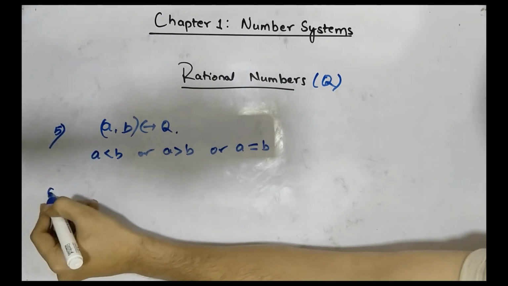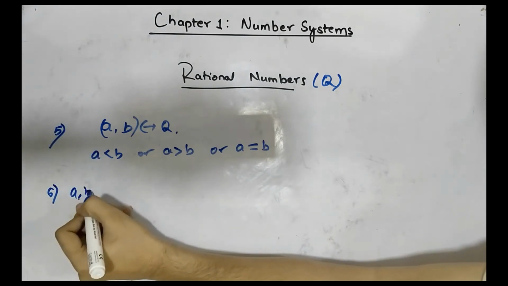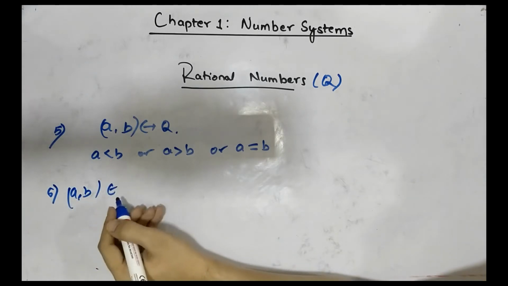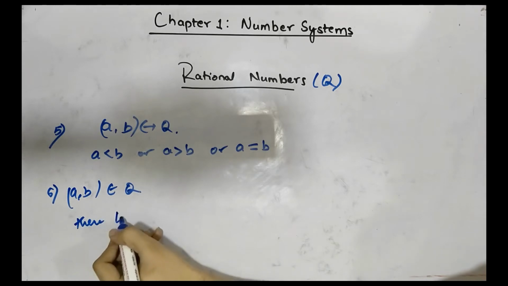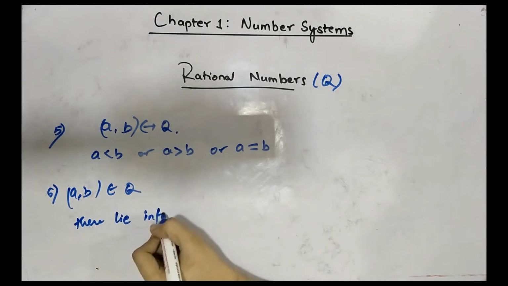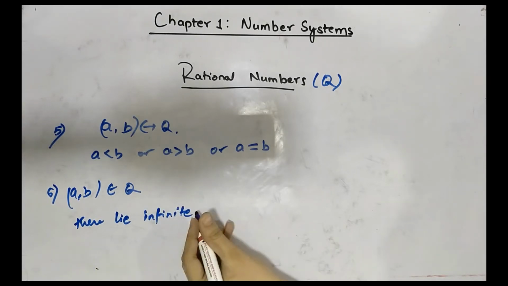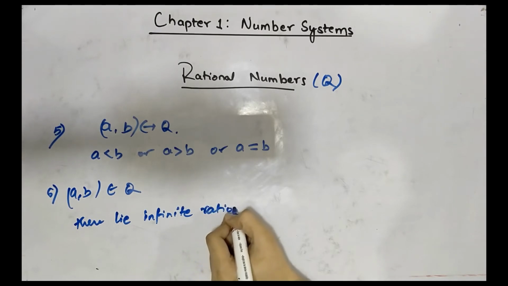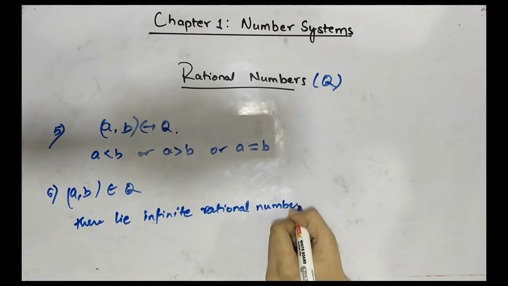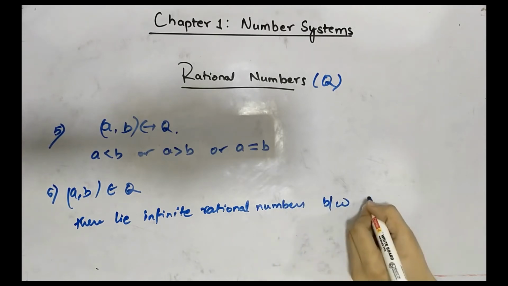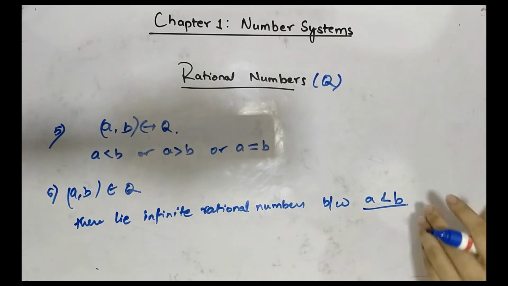There is another one which says if a, b belong to rational numbers, then there lie infinite rational numbers between a and b.